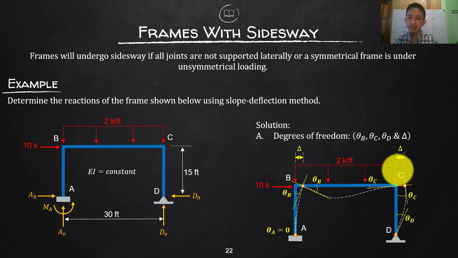But in some cases, let's say your joint C will be going down. Then relative to joint B, there is a deflection or a translation, so we can consider that as another delta.